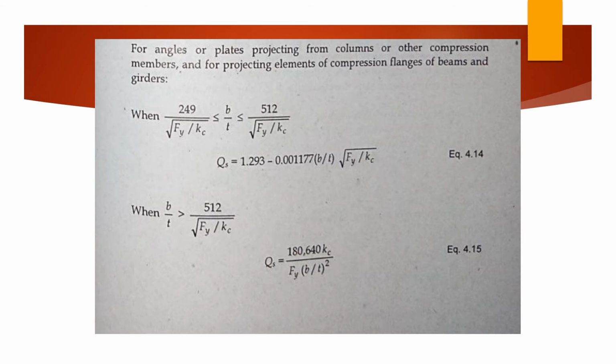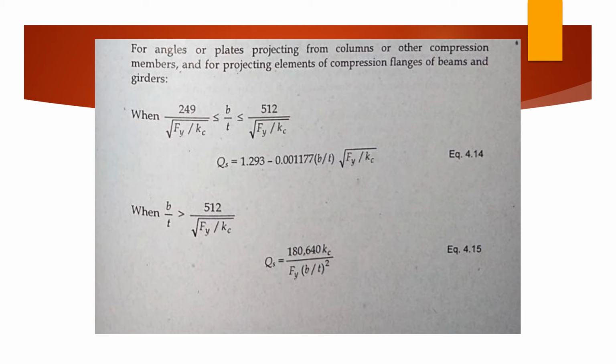So, for angles or plates projecting from columns or other compression members, and for projecting elements of compression flanges of beams and girders, we can see in the book, page 163, the reduction factor is 1.293 minus 0.001177 times B over T times square root of Fy over Kc.